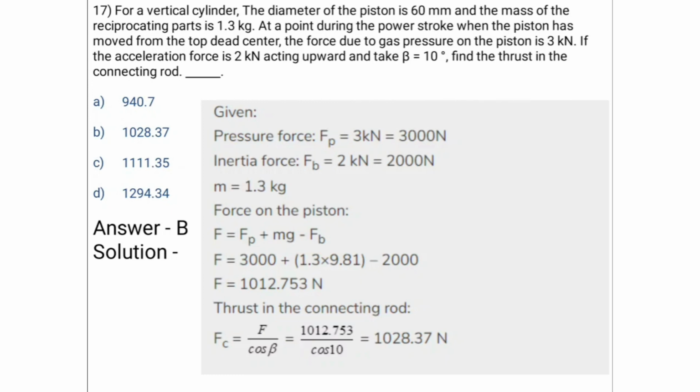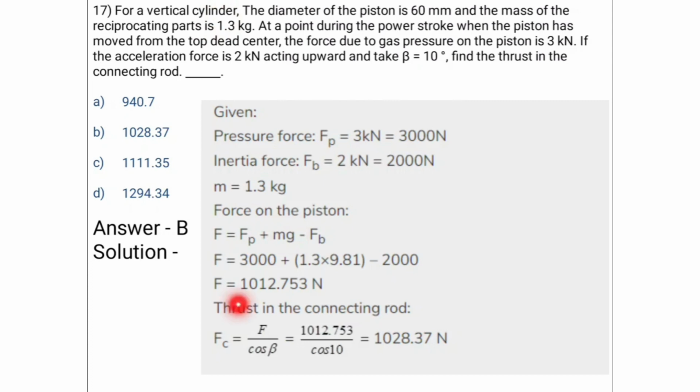So you will get the force as 1012.753 Newton. You have to convert mass into weight, that is mg, that is the force you have to consider because it is a vertical cylinder. So you have to add that mg force due to the mass.